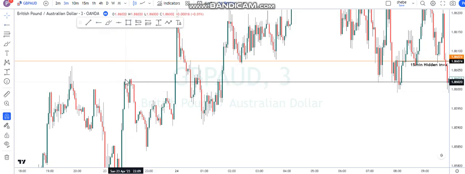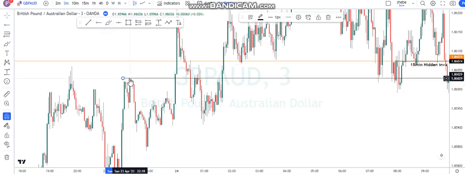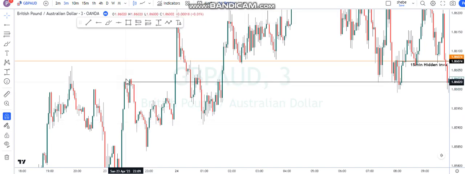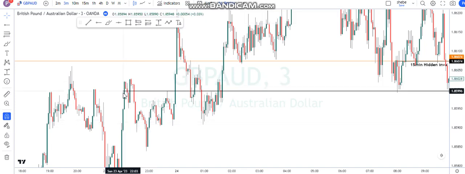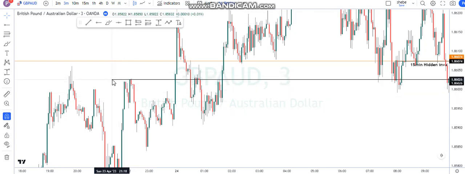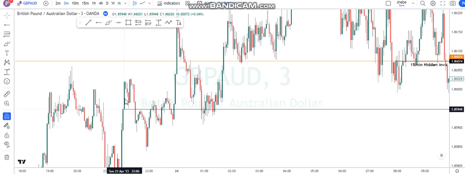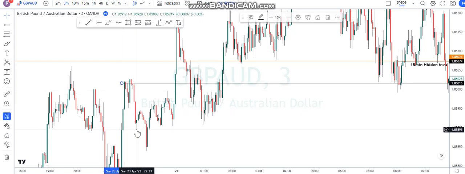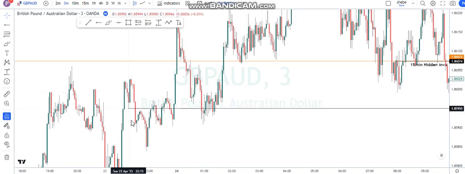Because this was low, high, low, high, low, high. Then when the price came here, it closed around here. You see, this was a valid structure. This is correct, also this is a valid break. That being said, this was low, and this was our invalidation point in 3 minutes.